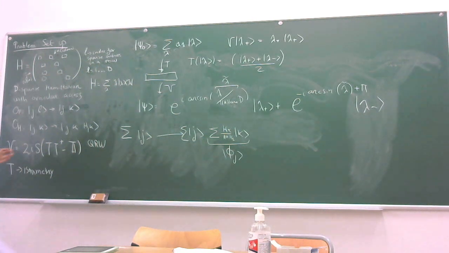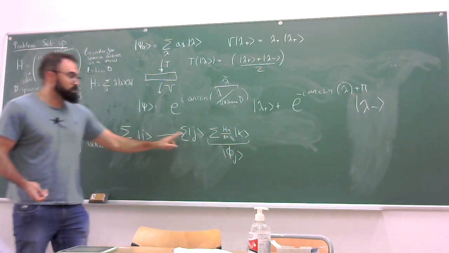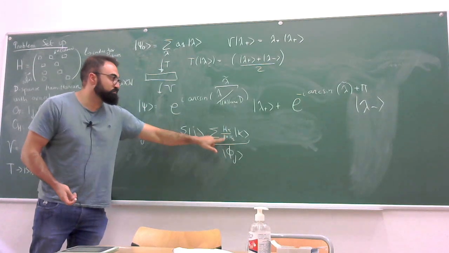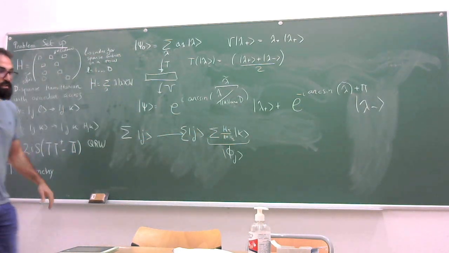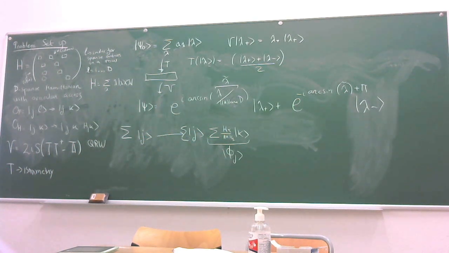This is why it's an isometry, and the key thing is to be able to prepare this isometry, for which it's enough to know how to prepare phi j from j. This is a little bit tricky, but can be efficiently done with these two oracles.